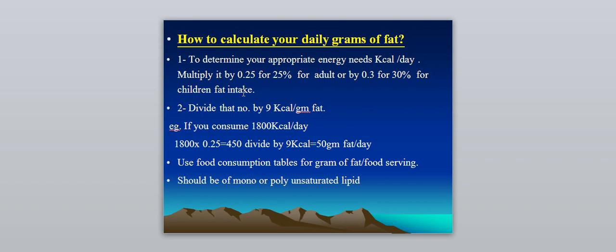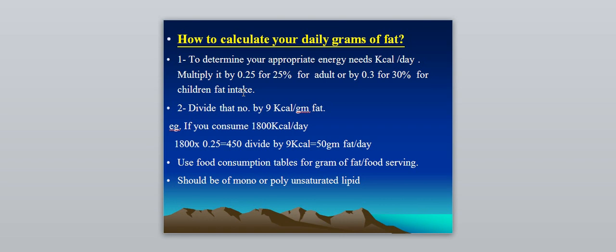After that we divide that number by 9 kilocalories for each gram of fat. So if we consume 1800 kilocalories per day, we multiply this amount by 0.25, which equals 450, divided by 9, it is 50 grams of fat per day as the daily requirement.